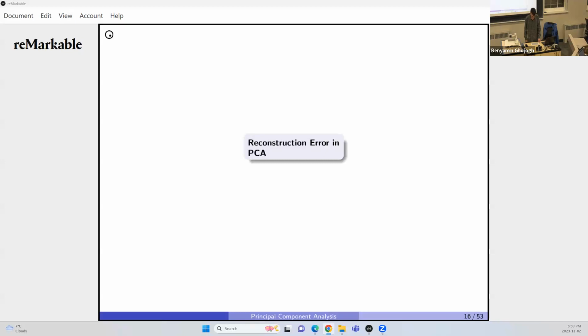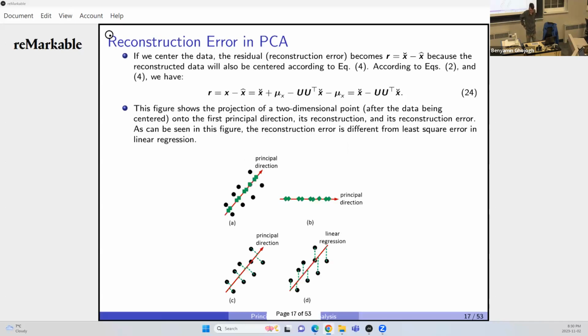Reconstruction error in PCA. Do you remember the preliminaries, linear projection? We talked about it. We always have reconstruction error. When you project onto a subspace and project it back, you might not necessarily be at the same point. You have some reconstruction error. So R is x minus x hat.